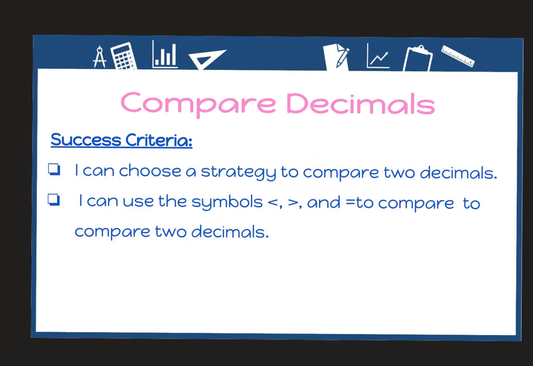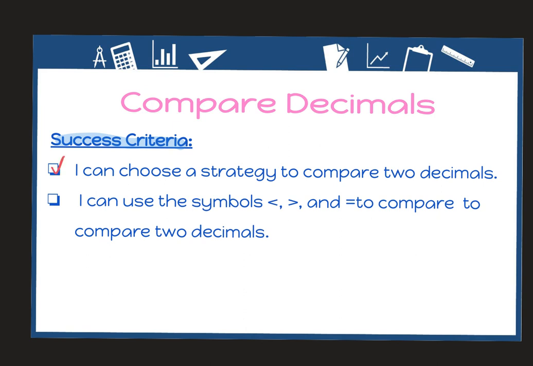So now our success criteria. We're going to ask ourselves a question, and I need you to really think about it. Make sure that you really know how to do it. Can you choose the strategy to compare two decimals? Can you line them up? Can you look at the place value and compare them? If you can do this, check.